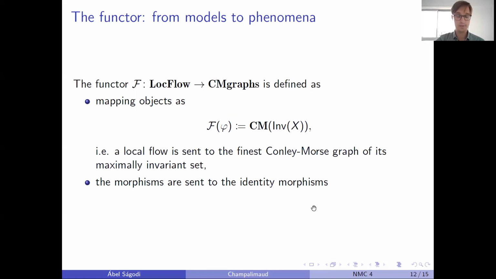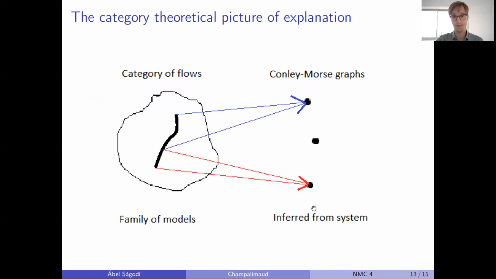And we will just map the morphisms in local flows to the identity morphisms in the category of Conley-Morse graphs. This is the picture of it. So we have, as a logical space, some family of models that are mapped to different Conley-Morse graphs in our logical space of the explanandum phenomenon.